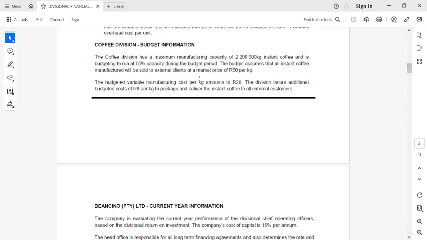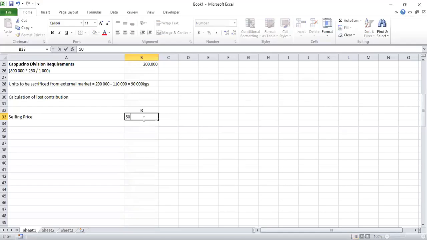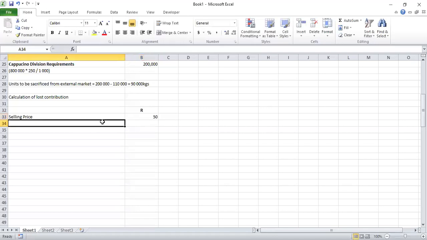Right. We know that the selling price, we're told they sell on the external market for 50 per kg. We're back to the coffee division here. We want to see the sacrifice there. So that means it's 50 less variable cost.